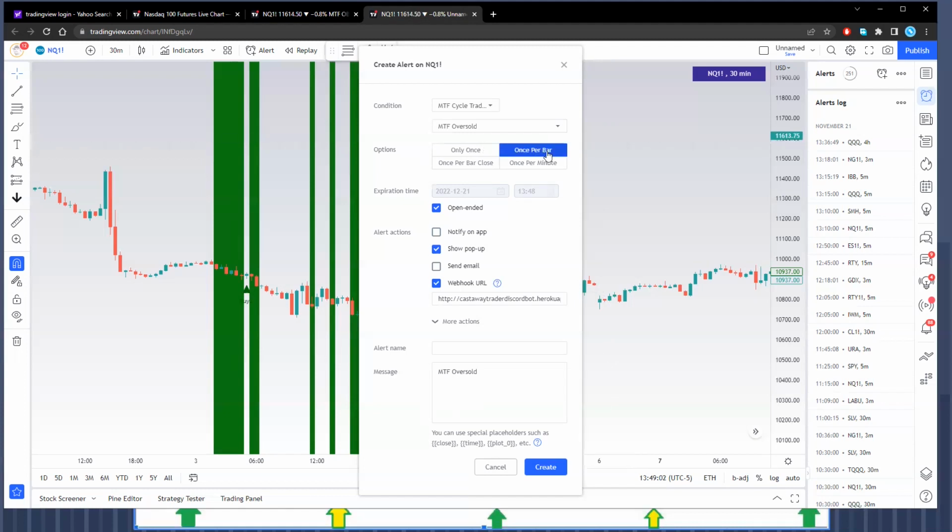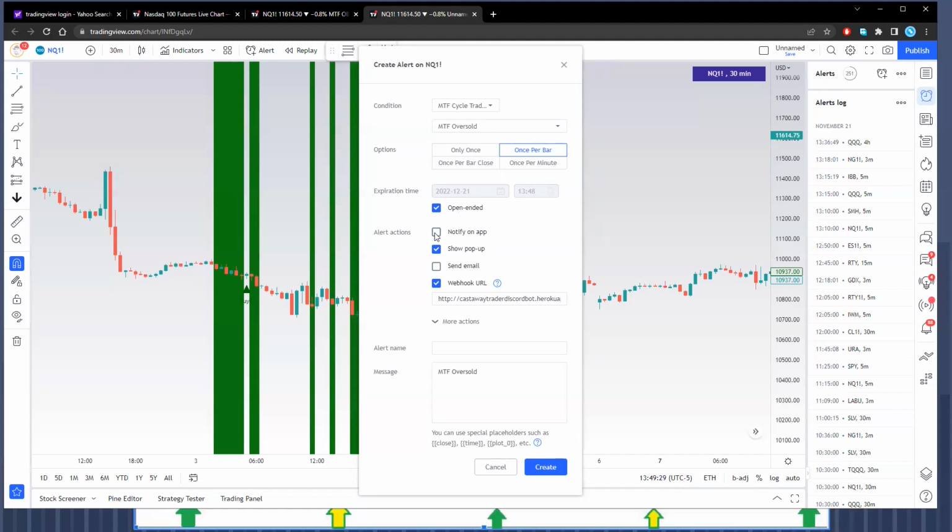So you want to set it only once, and it will keep working for weeks in the future. So I suggest you click once per bar, and here you can click open-ended. I think it's only available for premium accounts, but for free accounts, I think it would allow you to set alerts that would be working for the following 4 weeks.